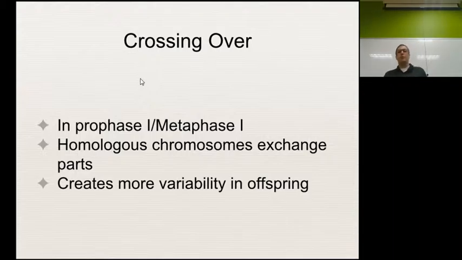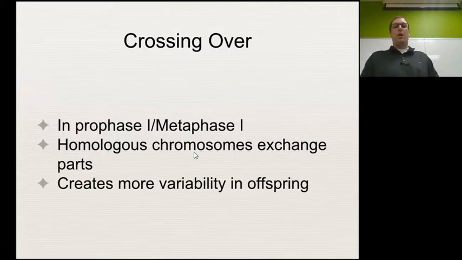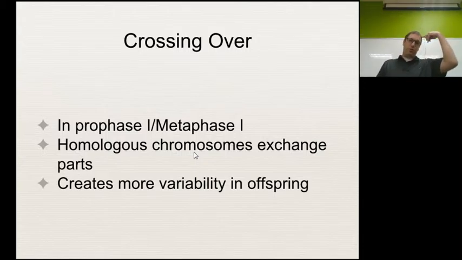Last thing, crossing over. Crossing over occurs in prophase 1 and metaphase 1. It's very important. It's when homologous chromosomes, hey, that's a vocab term, homologous chromosomes, chromosomes that are the same, exchange parts. Now, when I say they're the same, I mean they have the same genes. So they both code for hair color, they both code for height, they both code for hitchhiker's thumb. But they might have different alleles.